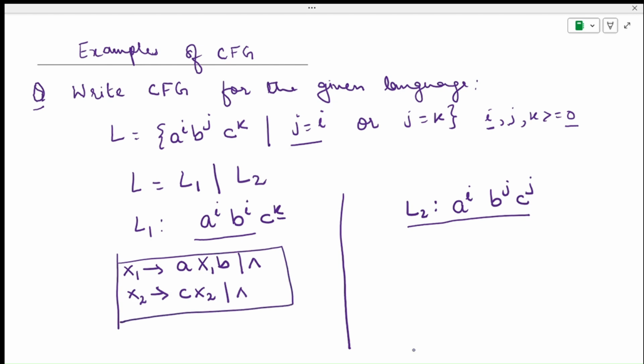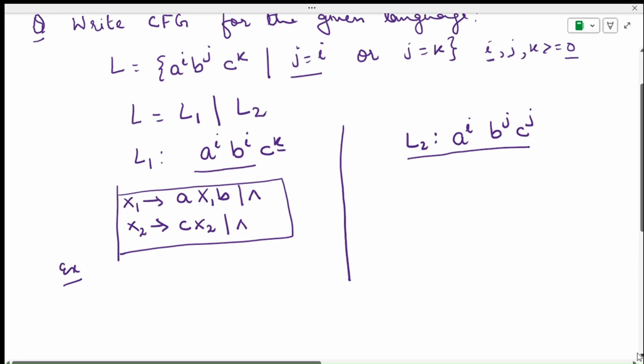For example, if I generate x1, from x1 I can have a x1 b. Again call x1, replace this x1 by a x1 b, and so on, and replace this x1 by null.